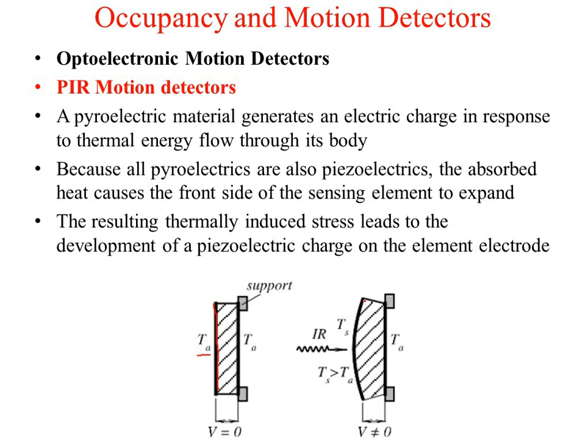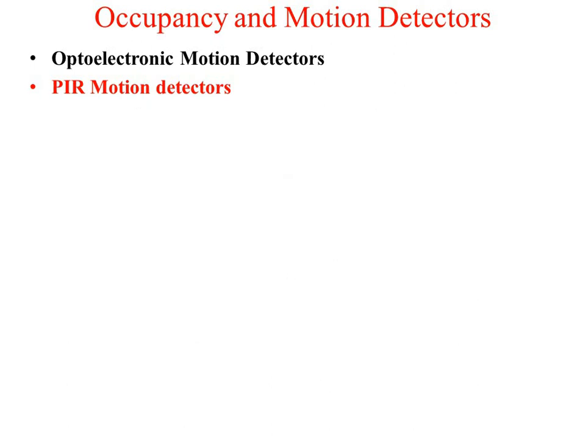So this surface will expand because of this thermal property. That changes the charge across these electrodes, and the voltage induced will not be equal to zero. That induced voltage will be proportional to the thermal radiation. This is the simple principle used in the PIR sensor.